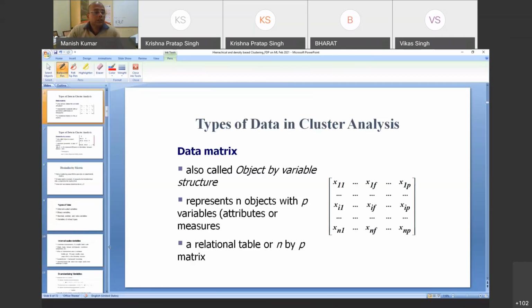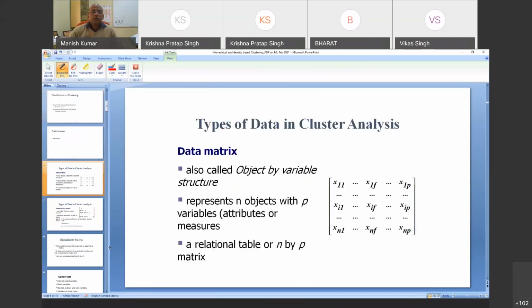You know that there is a data matrix with an object-by-variable structure. It represents n objects with p variables. Each of the columns represents the attributes or measures. So it's a relational table, or an n by p matrix.